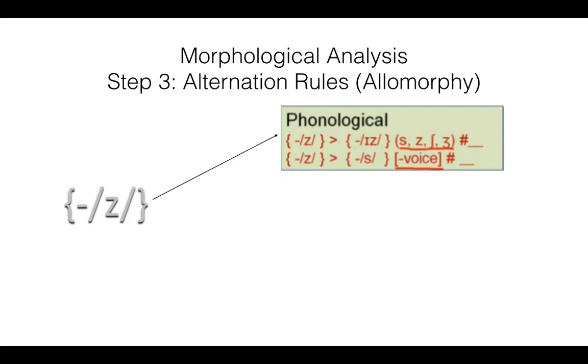After a voiceless sound, like cats. Okay? And then we can add something else, which I didn't put in there. It stays the same. There is no change. Where after a voiced sound, dogs. When we say dog, g is voiced, so it stays voiced.